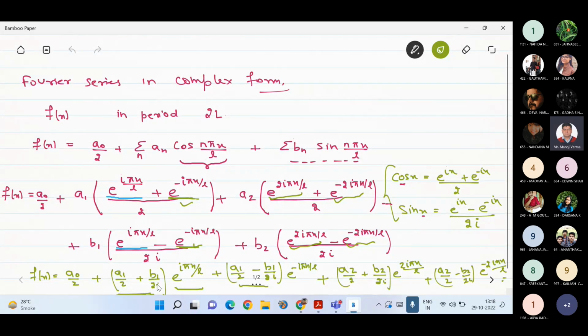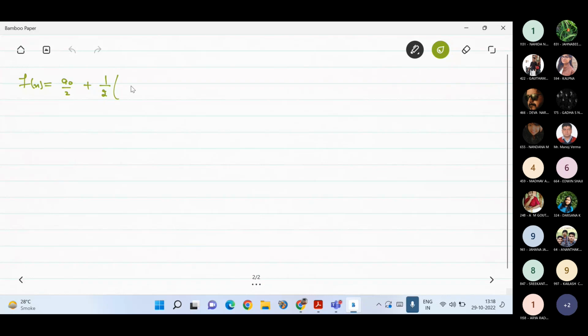And this I will rationalize, and it will become b1 iota divided by minus 1. If I rationalize a1 plus b1 by iota, I can do this thing.